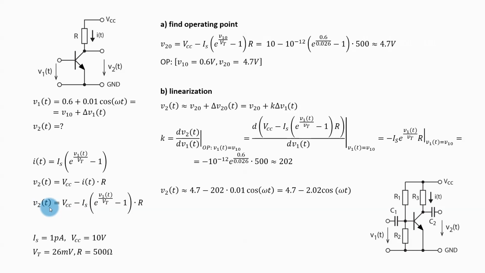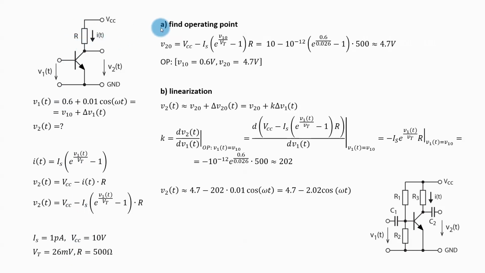Or instead, I can try to linearize this circuit, which would give me approximate but potentially much simpler a relationship between the output voltage and the input voltage. To do the linearization, I will set some specific values for the saturation current, power supply voltage, thermal voltage, and the resistor R, that is this resistor.